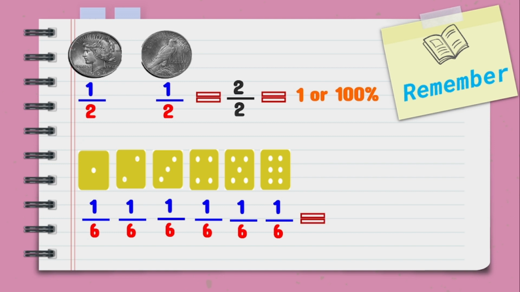And if you add up the probabilities for rolling a dice, you get 6/6, which is also 1 or 100%. It means if you add up the probabilities of all possible outcomes of a trial, the total is going to be 1 or 100% because it is certain that at least one of those possibilities will happen.